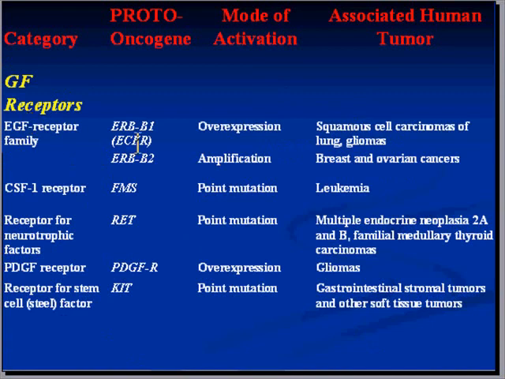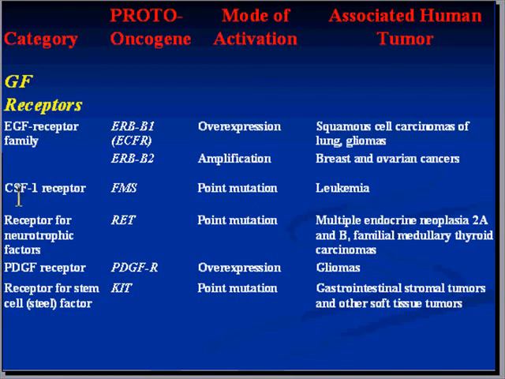So if you take these various growth factor receptors, whether you're talking about neurotropic factors, platelet-derived growth factor, or the EGF receptor family, well, their proto-oncogenes can be mutated, and as a result, they are either overexpressed or amplified or have a specific point mutation in the DNA sequence. And as a result, we know that these can result in specific tumors.